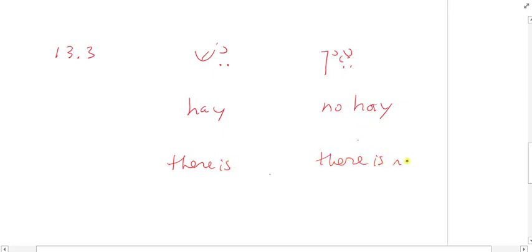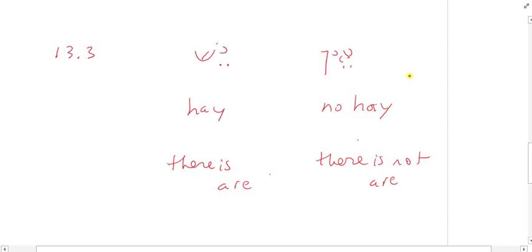There is not. If what you don't have is plural, you don't change hay, do you? So hay could be there is or there are, right? And no hay could be there is or there are not. Same thing with yesh and ein. Yesh means there is or there are. It doesn't change its form for singular or plural things that exist. Ein is used for there is not or there are not, no matter what the number of the noun is that you're denying the existence of.